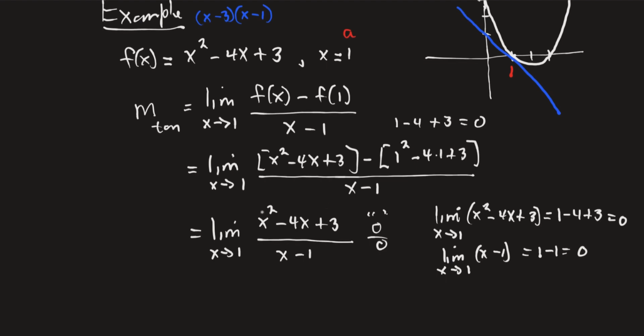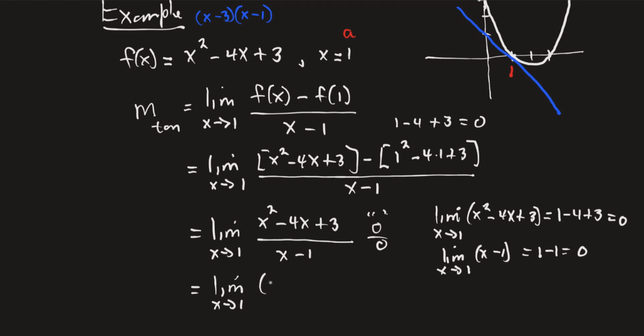Well, in this particular case, we can factor and reduce. And we know how the function factors. We still have it right here in blue. This is the factorization of that quadratic. So it looks like this.